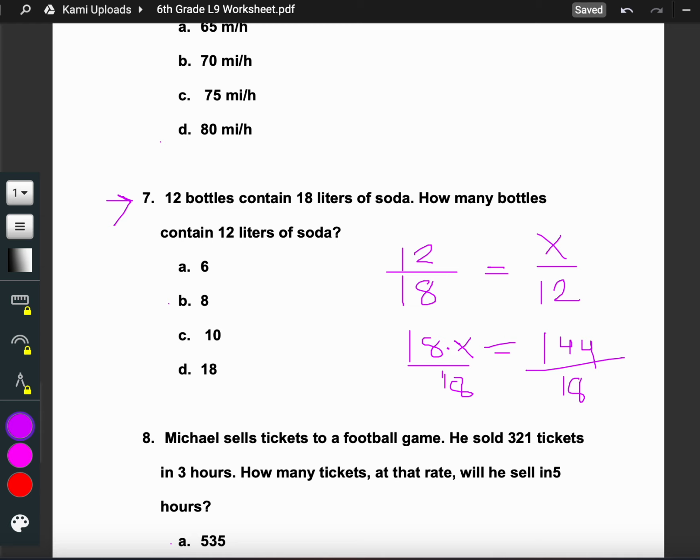So we're going to do 144 divided by 18, which gives us, so first 18 divided by 18 is 1, so we leave the x alone. And 144 divided by 18 gives us 8. So 8 bottles contain 12 liters of soda.